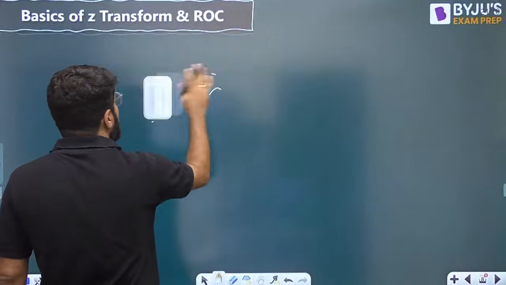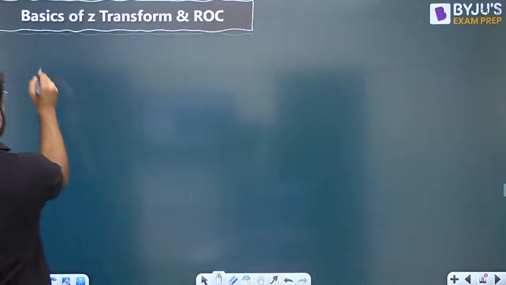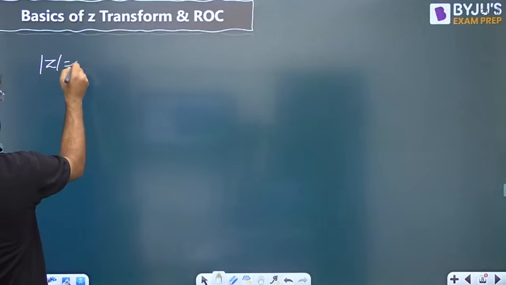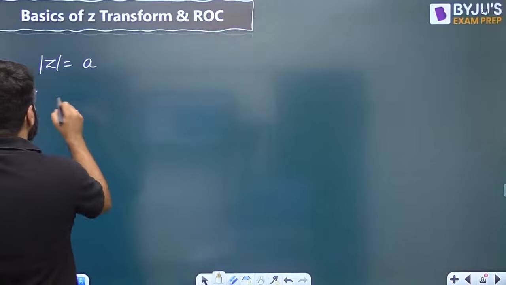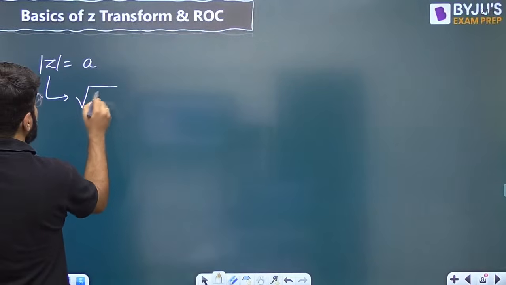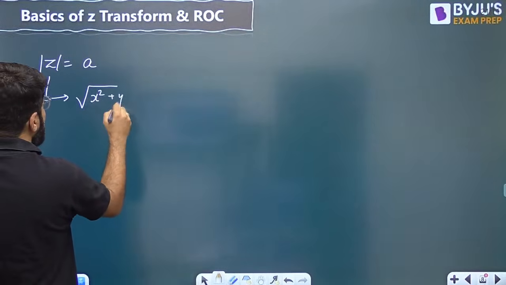So forget mod Z equal to 1. If I generally want to talk about mod Z equal to A, let's say any value A, we should all know how to calculate the magnitude of any complex number, right?